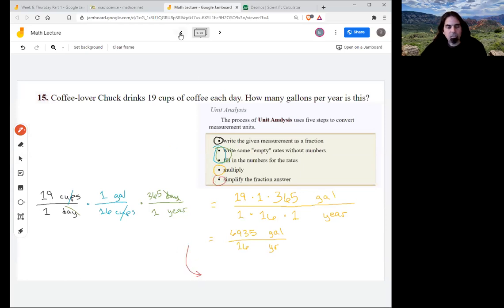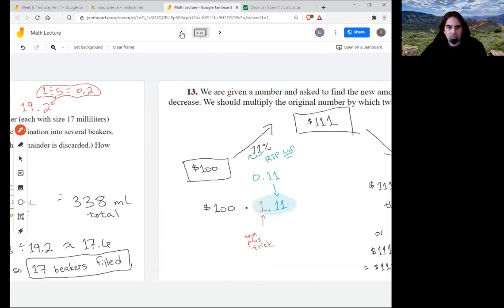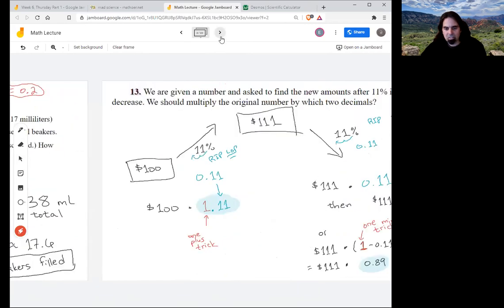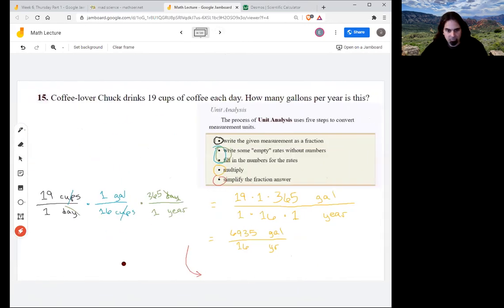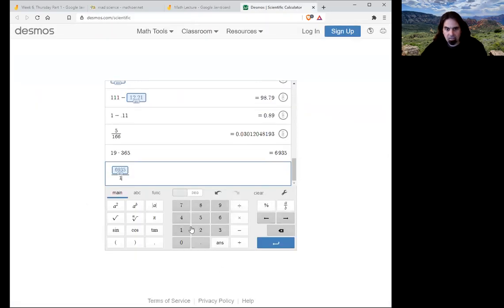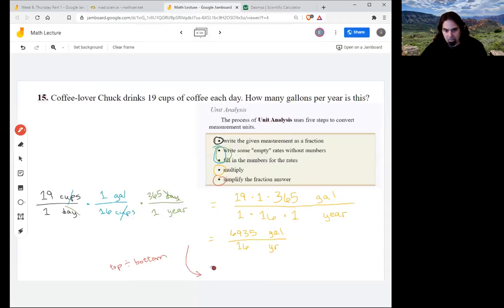And just like we did with taking a fraction and making it a decimal, top divided by bottom, same thing. So about 433.